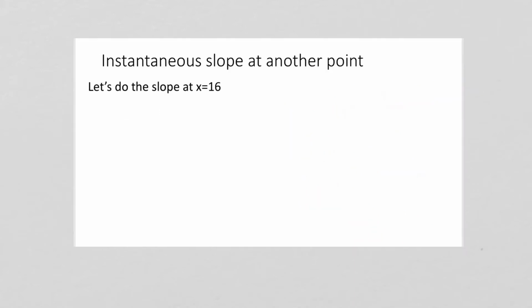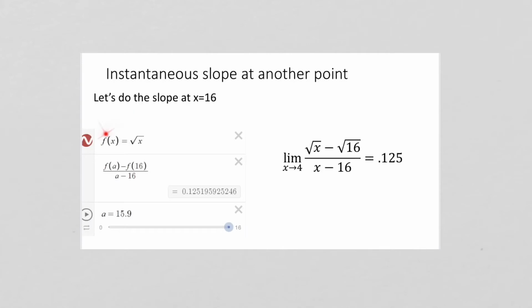Okay, so let's try it again, but this time at x equals 16. So we're still using f of x equals root x. We're going to change this to 16 and 16 because now we're doing the instantaneous slope at x equals 16. You should click back on here so that you can change this from going to 0 to 16, and then click and drag until a is really close to 16. Another thing you can do is just click right here, and then you can type in whatever number you want. So you could type in like 15.9 or 15.9999, whatever you want to do.